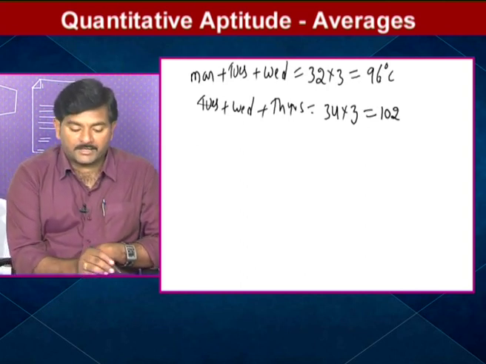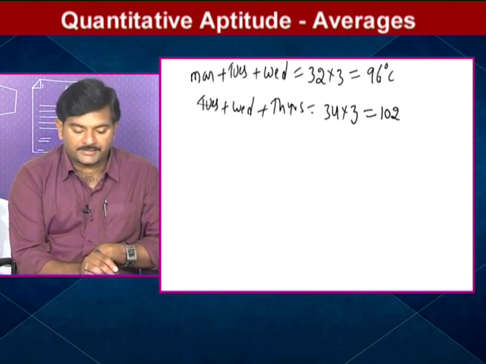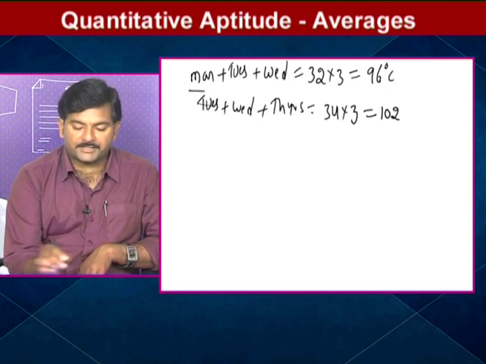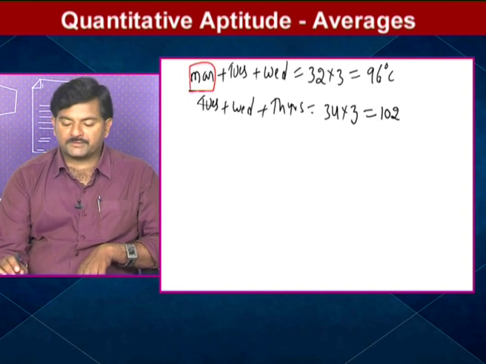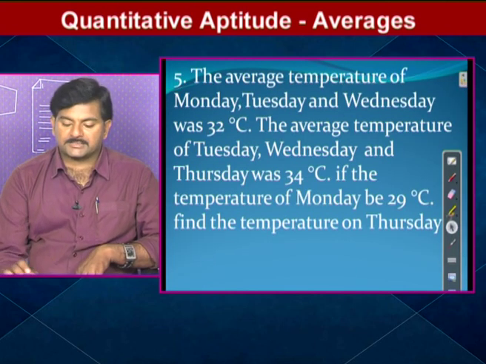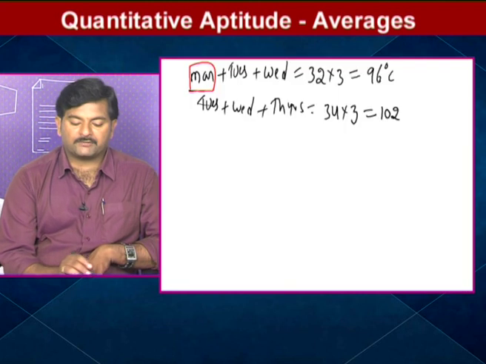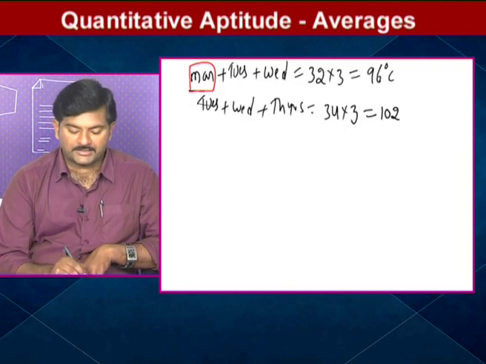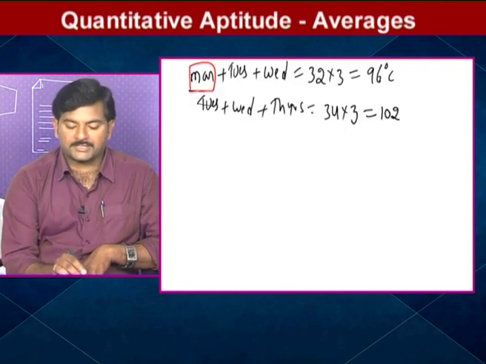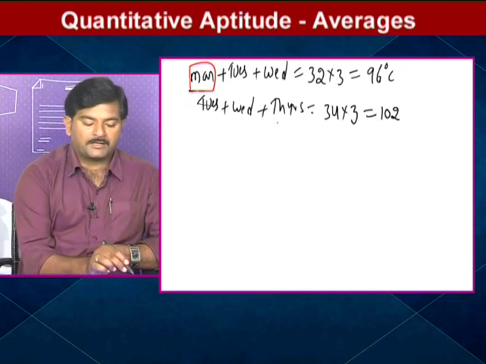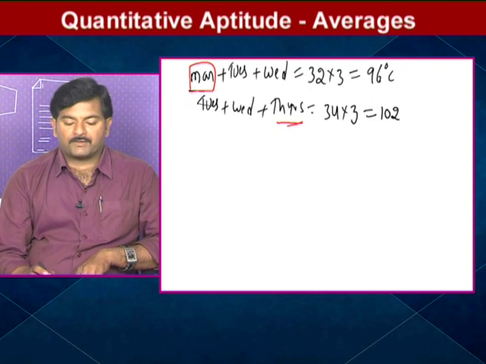And if you observe, the Monday temperature is also given. Monday temperature, how much is given? 29 degrees Celsius. And he asked to find the temperature on Thursday. Now what will you do?